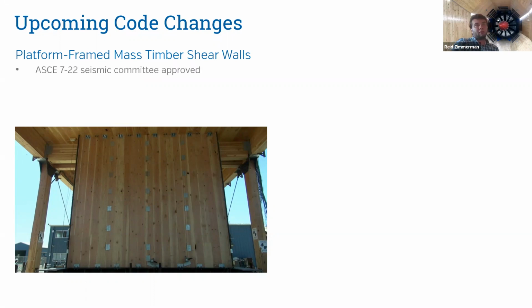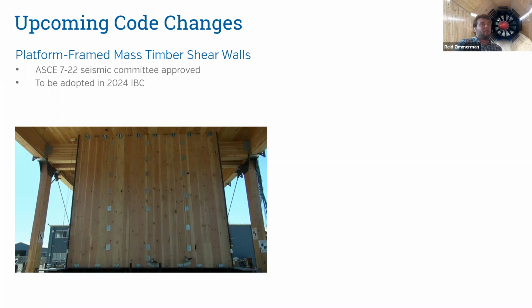So it's a little ways out. It just received approval a couple months ago from the ASCE 7-22 Seismic Committee. That means it will be published in ASCE 7-22. It's still until the 2024 IBC before it gets adopted into the International Building Code, and then ultimately into the Oregon Structural Specialty Code a year or two later, and in other states as well.